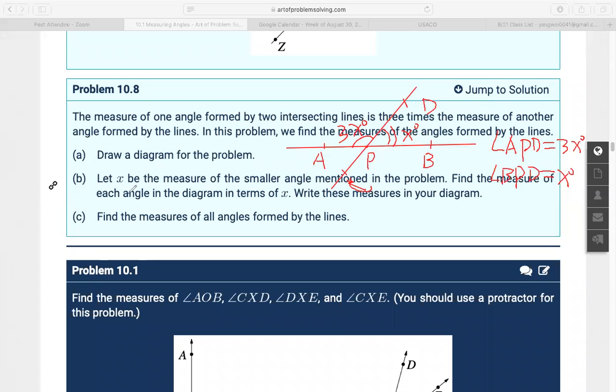Then they say, let x be the measure of the smaller angle in the problem. Find the measure of each angle in the diagram in terms of x. Write these measures in your diagram. So this angle also equals x degrees, right? And this angle equals 3x degrees. Then they ask you to find the measure of all the angles formed by the lines. Now everybody send me your answer. Now let's see.